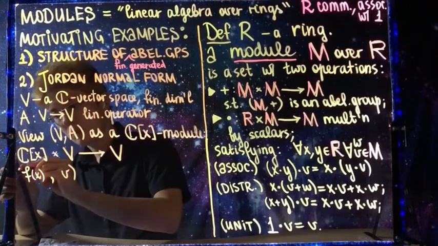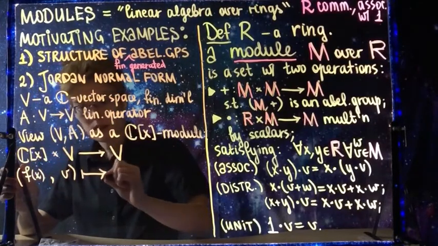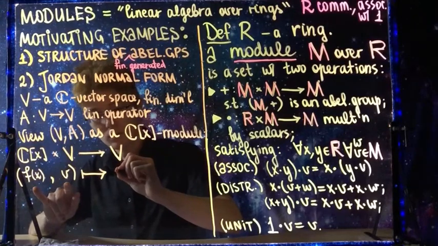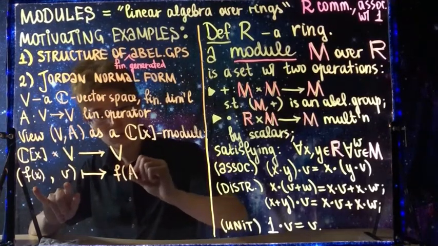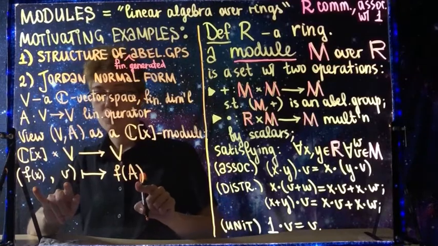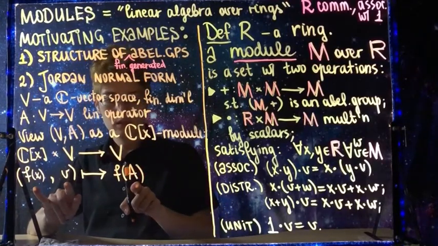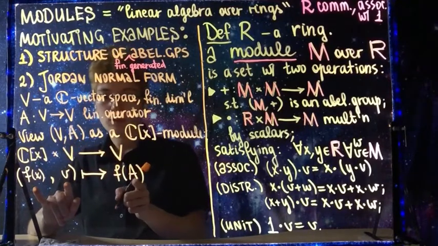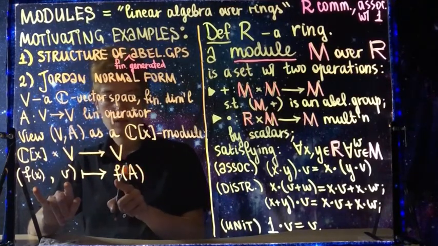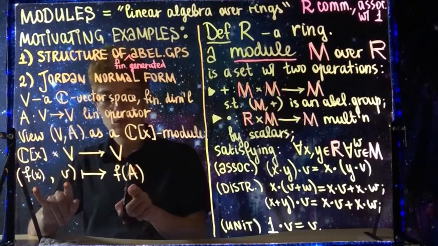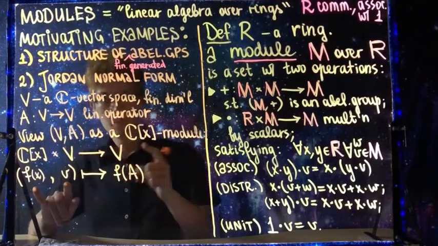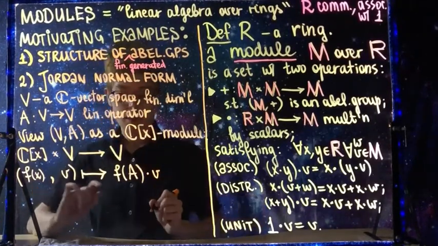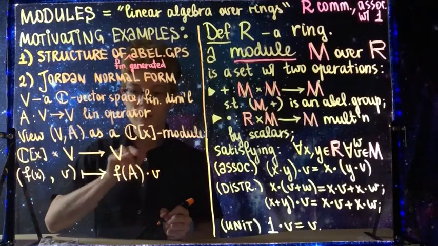So we take some vector v, and I evaluate f at A, so I can consider powers of the matrix A, and I can add those powers with certain coefficients to get another matrix. So f of A is now a matrix which also acts on the vector space V, and I apply this matrix to the vector v, and thus I get a vector in V.